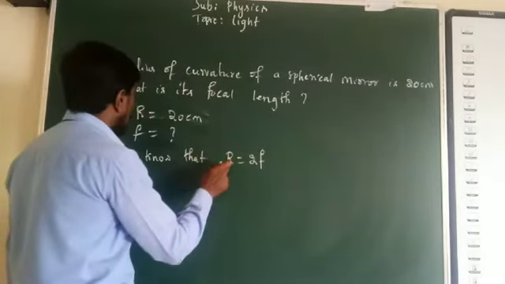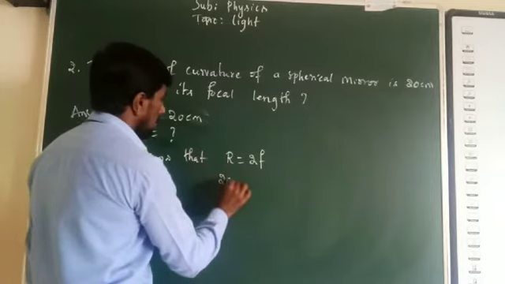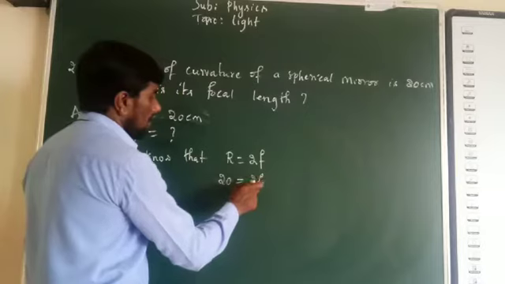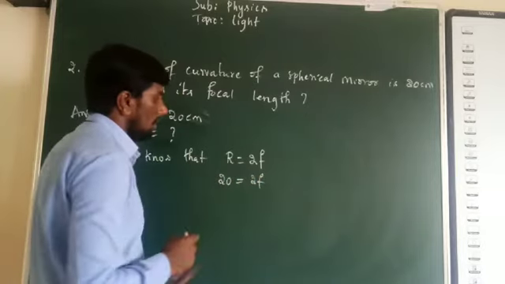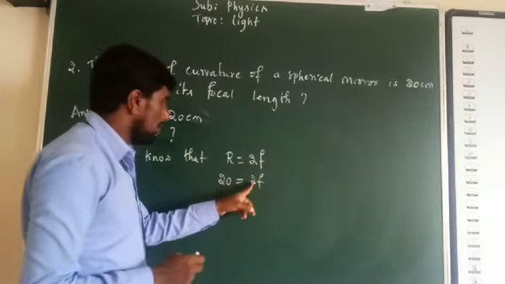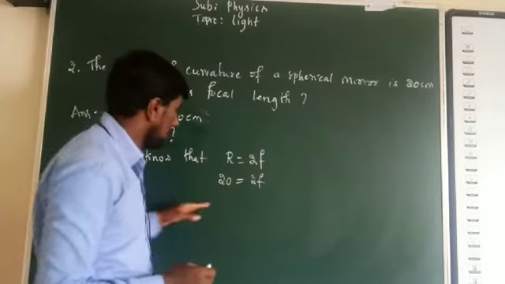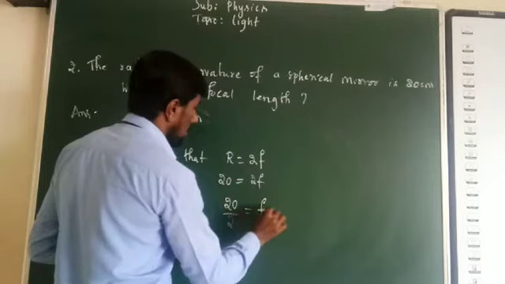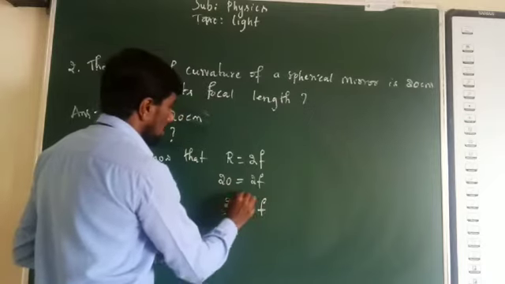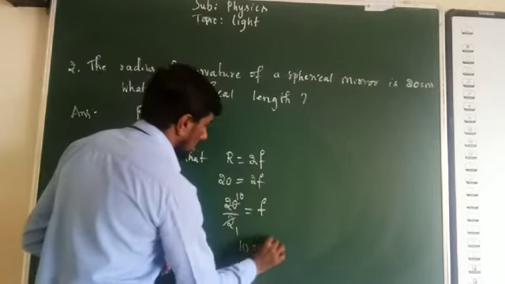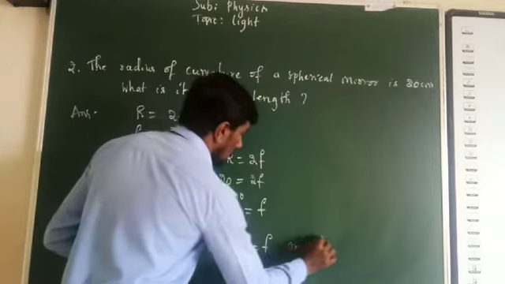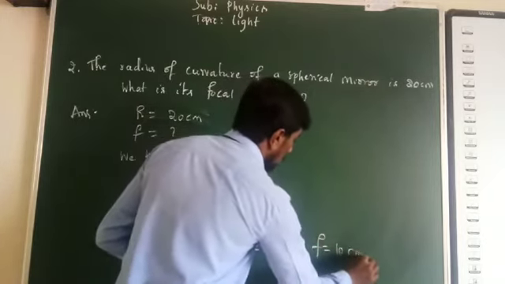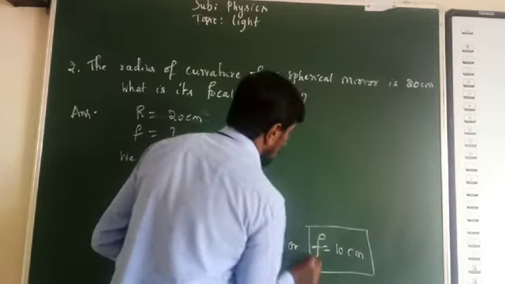Substitute the R value: 20 is equal to 2 times F. Keep the F here only, bring 2 to this side. 2 is multiplied here, so if we bring the 2 to the LHS, it will get divided. 20 by 2 is equal to focal length. 2 tens are 20, so F is equal to 10. It is in centimeters, so focal length is also in centimeters.